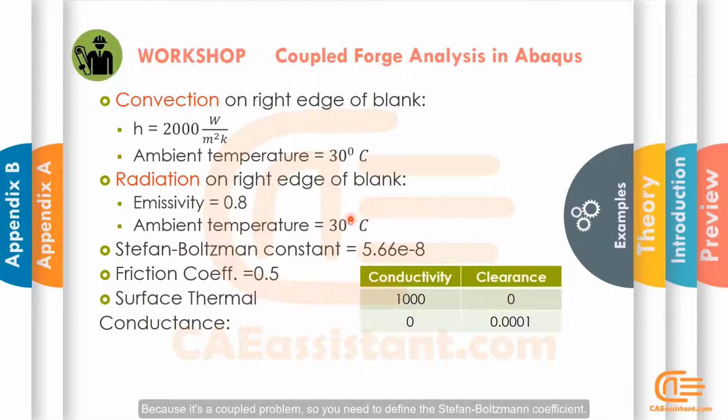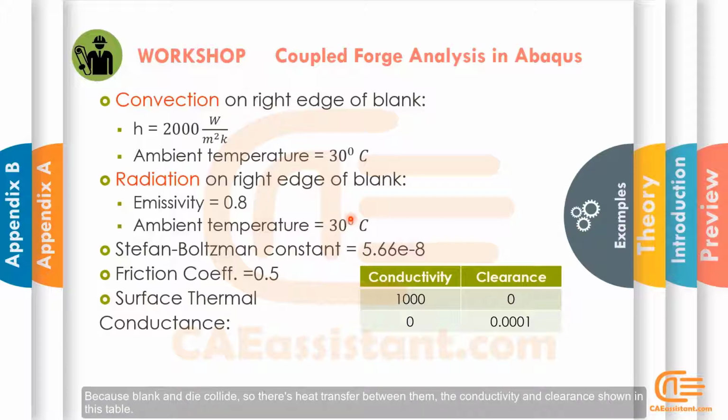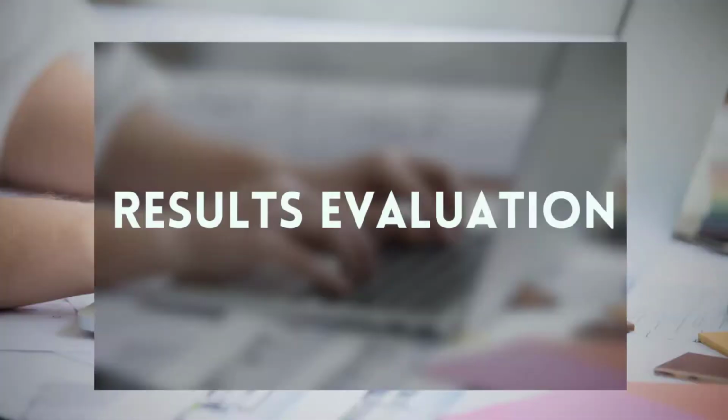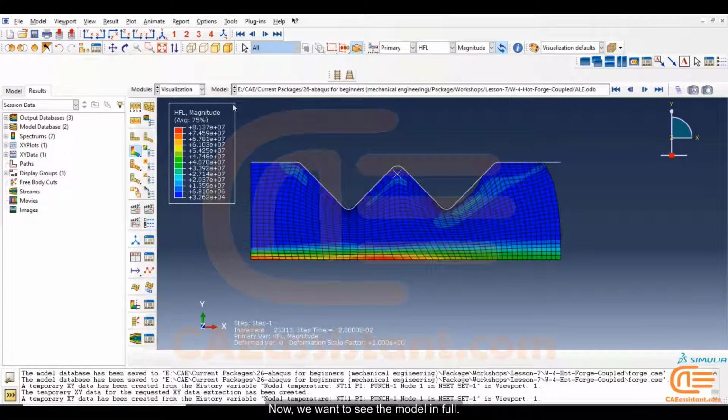Because it's a coupled problem, you need to define the Stefan-Boltzmann coefficient. Because blank and die collide, there is heat transfer between them. The conductivity and clearance are listed here.